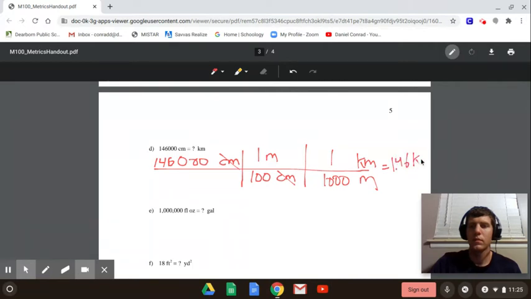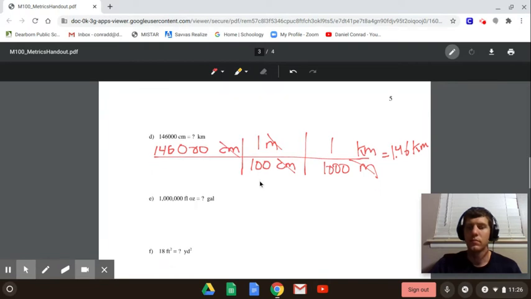The meters cancel out and the centimeters cancel out, and we're left with 1.46 kilometers. And 100 times 1,000 is going to be 100,000, so you have 5 decimal places: 1, 2, 3, 4, 5. So we didn't even need to put it in the calculator. We should have known we were going left 5 decimal places.